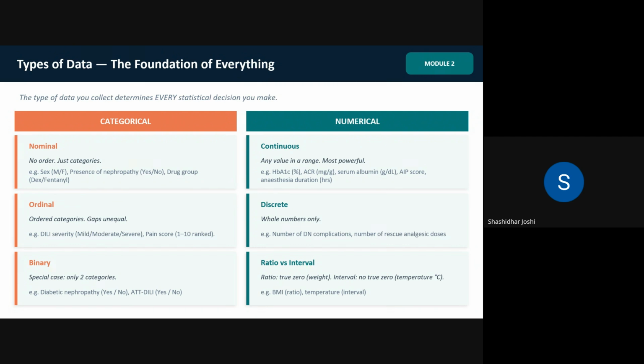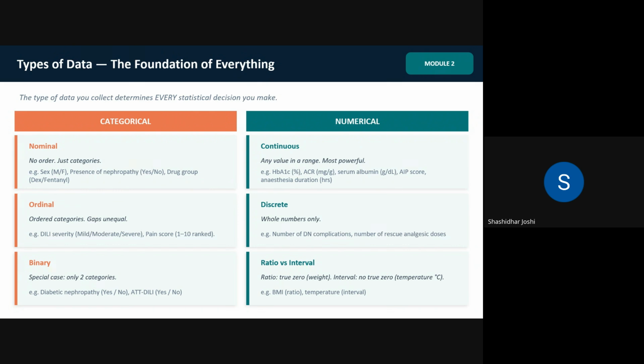That talks about mild, moderate, and severe DILI, which is considered ordinal data. Why ordinal data? Because there is an inherent order in your data. First is mild, then increased severity is moderate, further increased severity is severe. That's how the order happens within the data. That's why it's called ordinal scale.